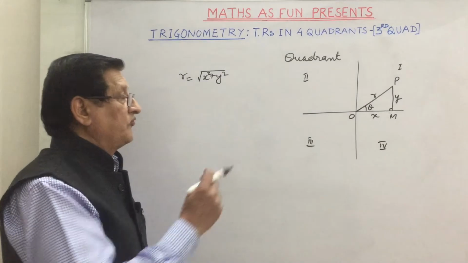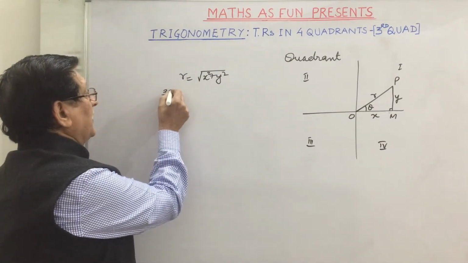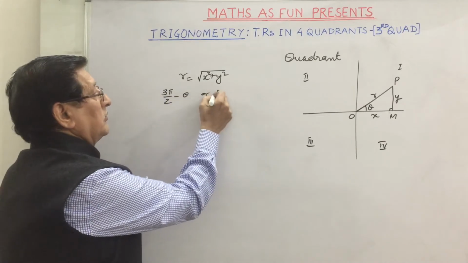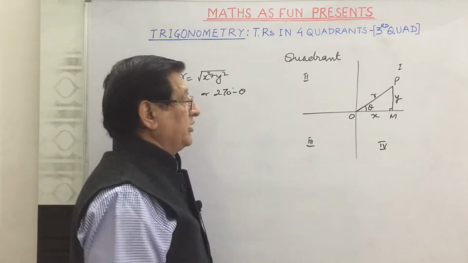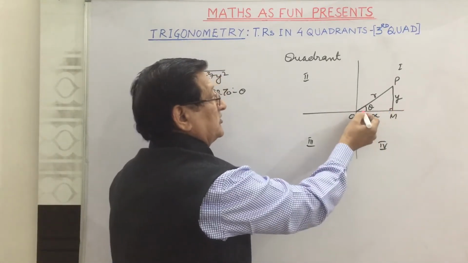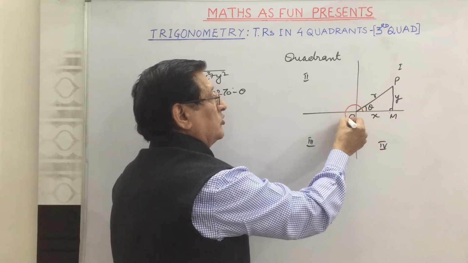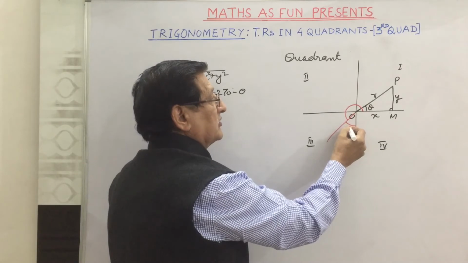See now, when we go for the angle of 270 minus theta, or 3 pi by 2 minus theta, 270 degree minus theta, if it is degrees. See, revolving line moves from this original position or starting position by 270 minus theta. It means this angle will be theta. You can see this is theta.